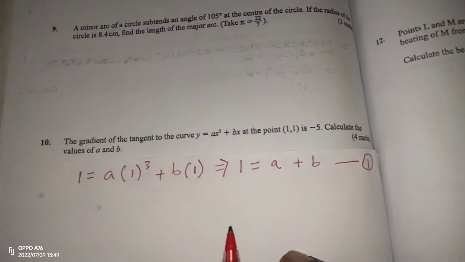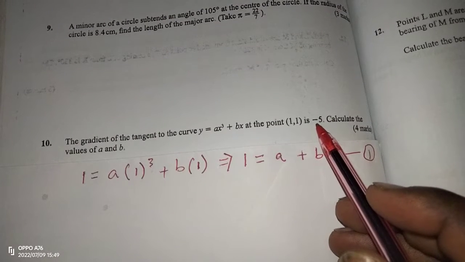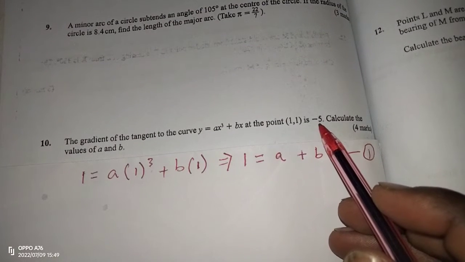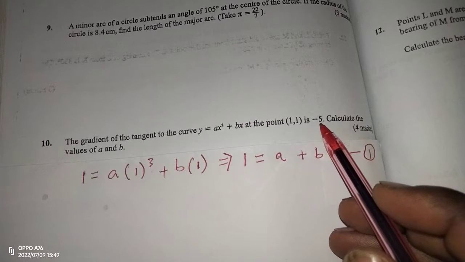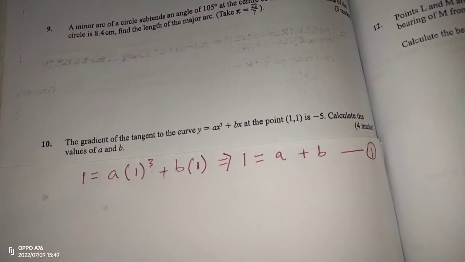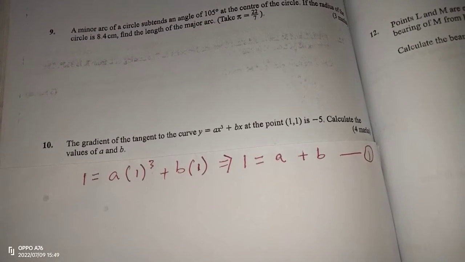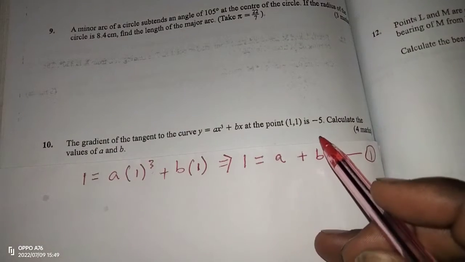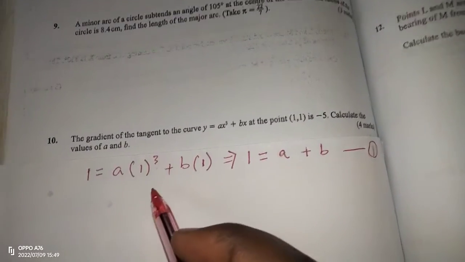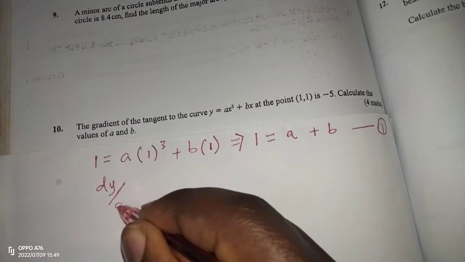And we proceed to get another equation. We are talking of the gradient to the tangent. The gradient to the tangent is also the gradient to the curve at the same point. So what we should do at this point is first obtain the gradient function, which is the derivative of y with respect to x.